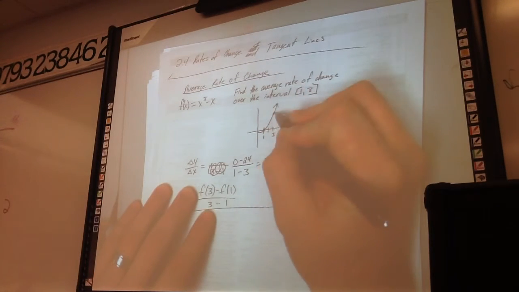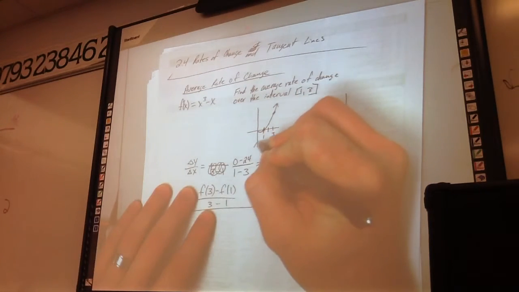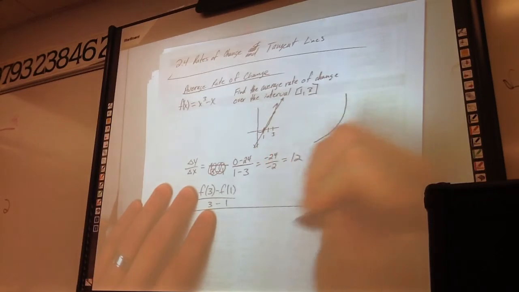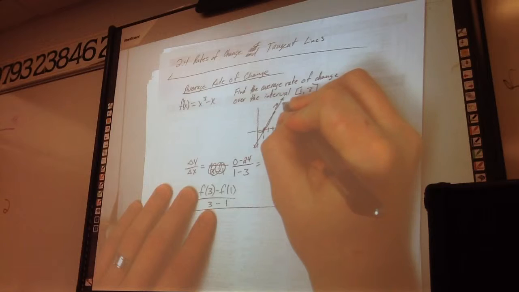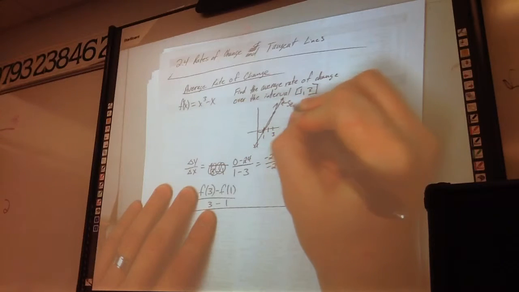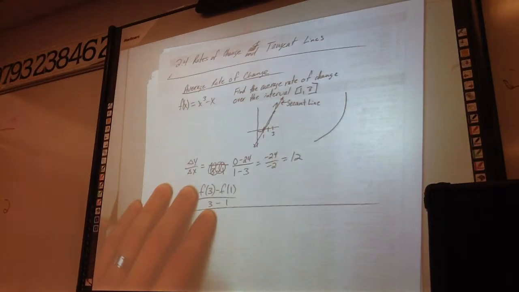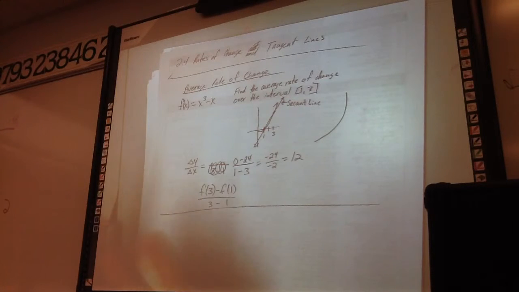If you were to draw a line through two points on a curve, that has a name. It's called a secant line. We've talked about a secant line? I don't remember. All that means is it's a line that goes through two points on a curve.